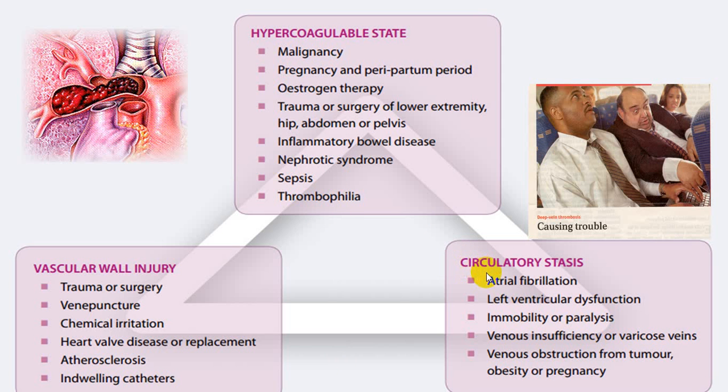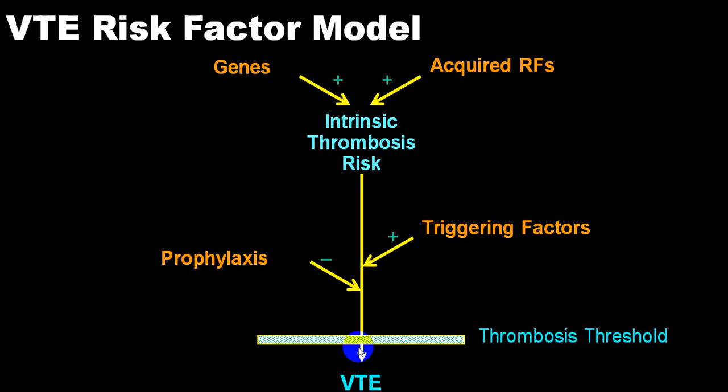Circulatory stasis: atrial fibrillation, left ventricular dysfunction, immobility, varicose vein, venous insufficiency, venous obstruction, obesity, pregnancy. And endothelial injury like venipuncture, chemical irritation by IV fluids, injections, traumatic injury, heart valve replacement, valvular disease, atherosclerosis very rarely, indwelling catheters, pacemaker wires, central venous catheters, etc.